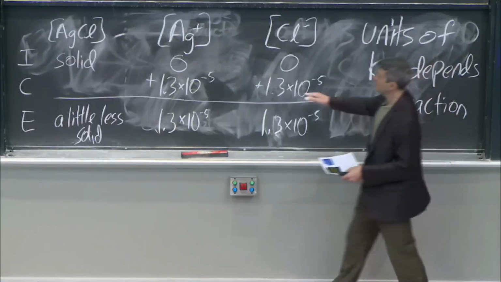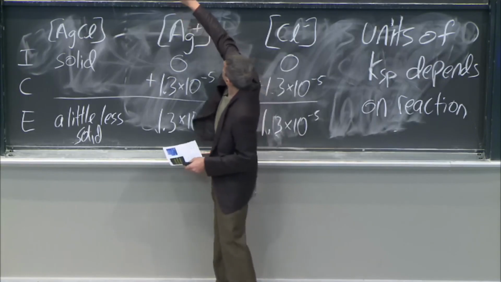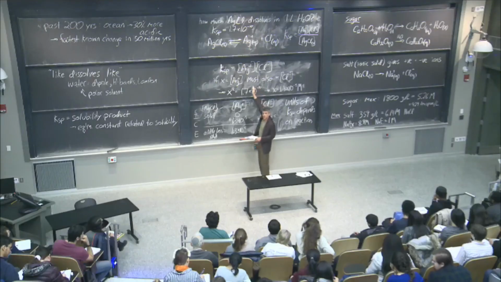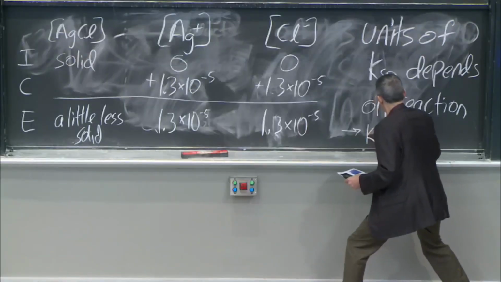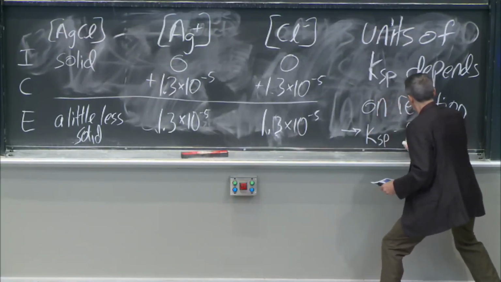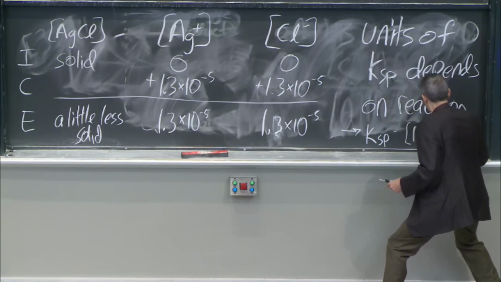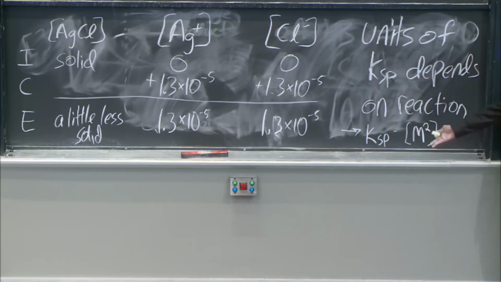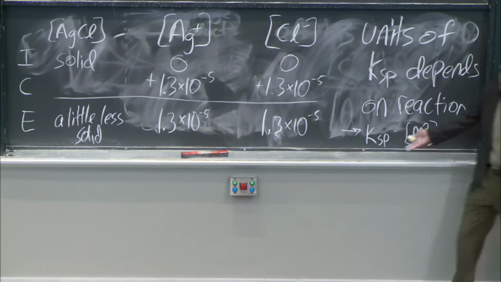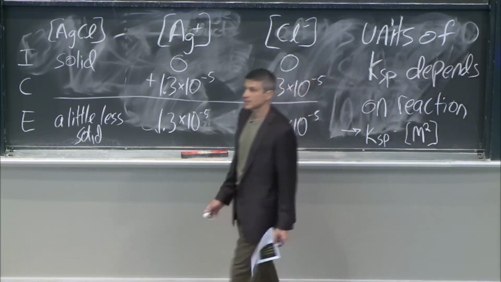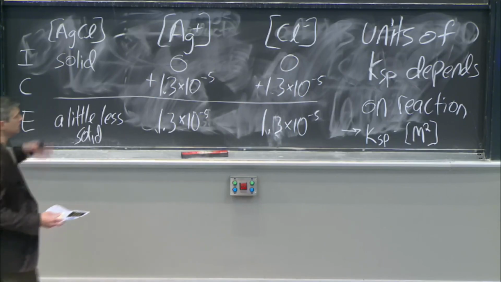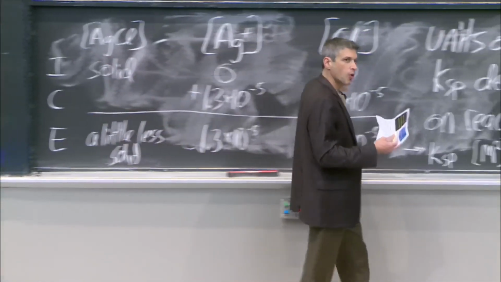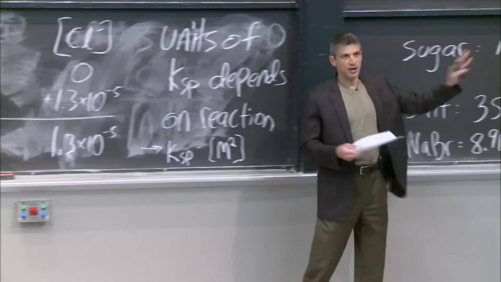But that means that K is two of those multiplied together. So in this case, K has units of M squared. It must, or it wouldn't work. K can have units of M cubed, right? We will pick up here on Wednesday and we'll cover more of this, more examples, before we move on to acids and bases.